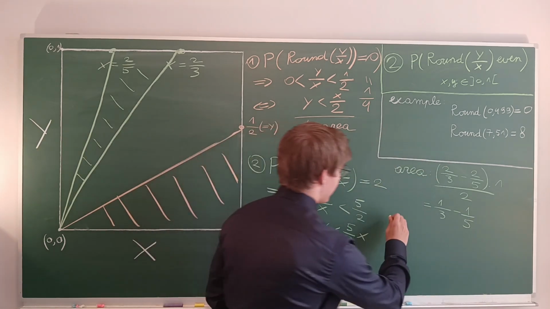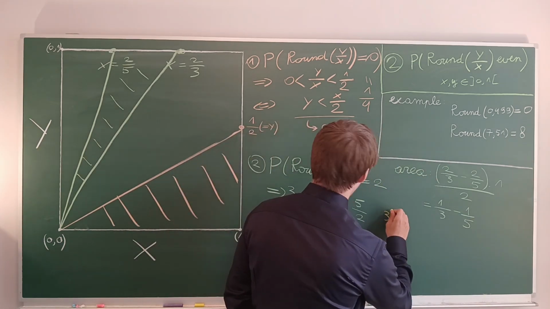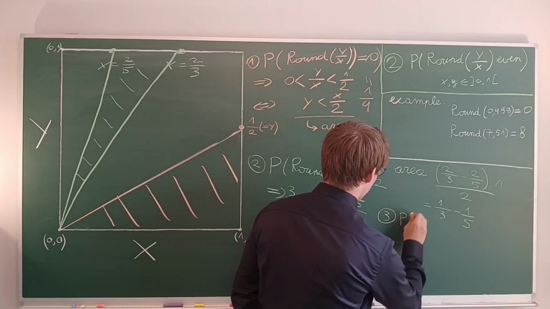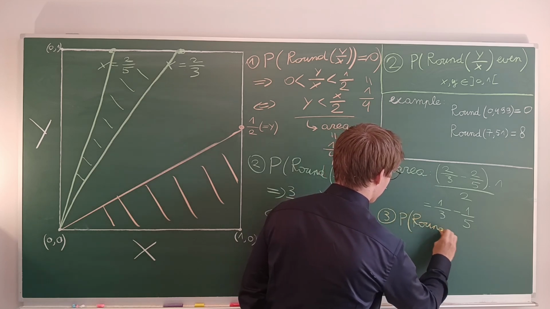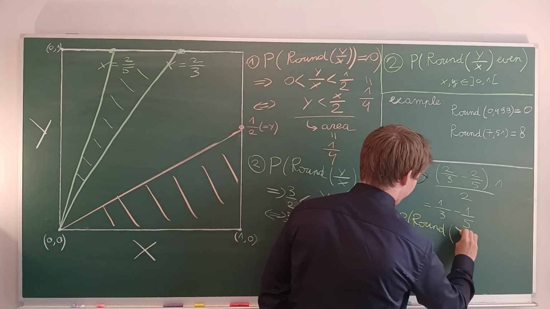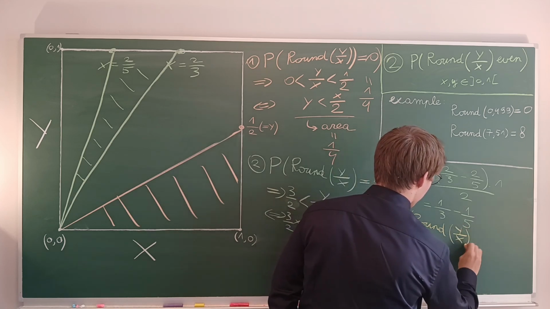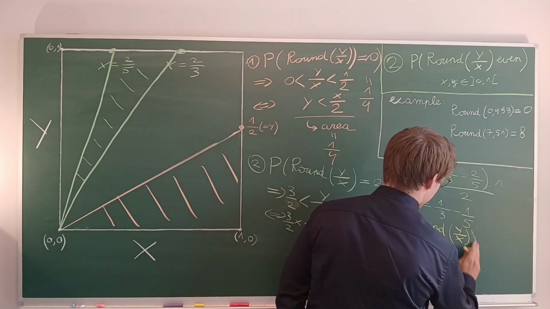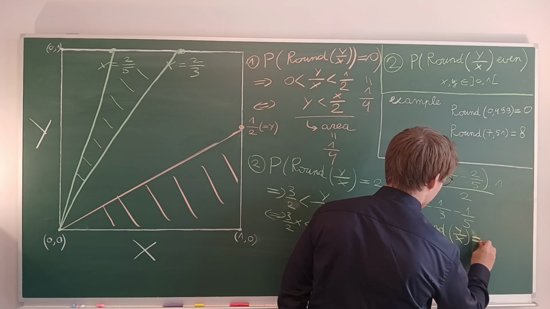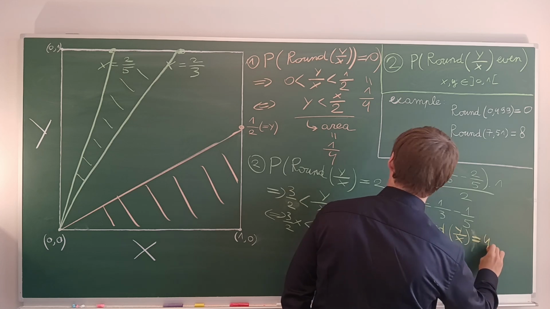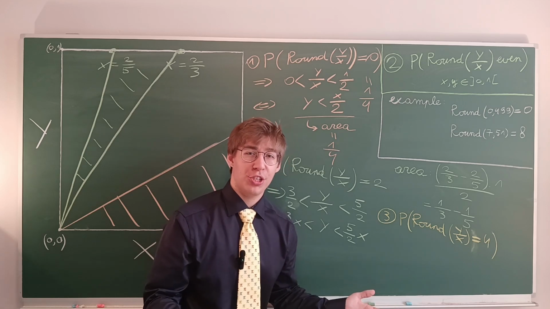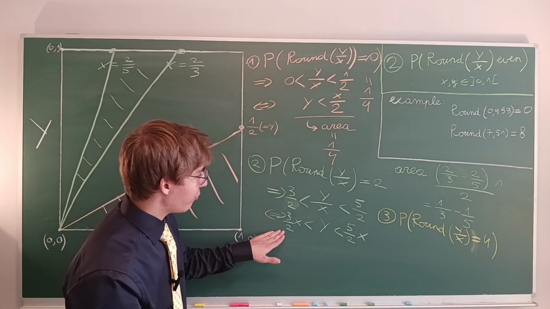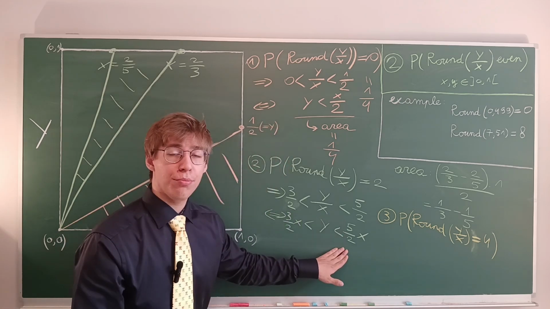Now for the third example, if we calculate the probability that round of y over x is exactly 4, we will get the same situation, but with the fractions 7 over 2 and 9 over 2.